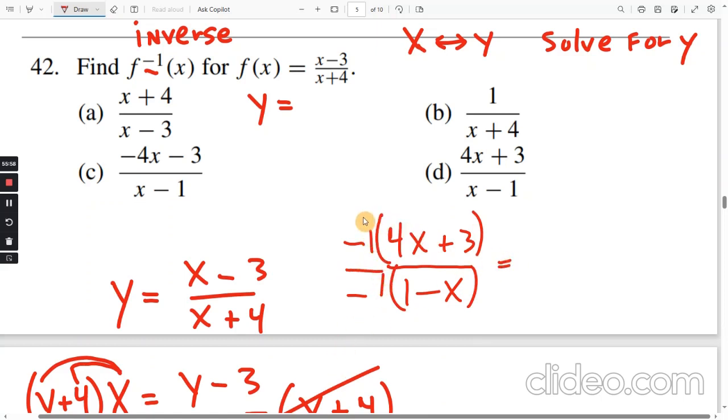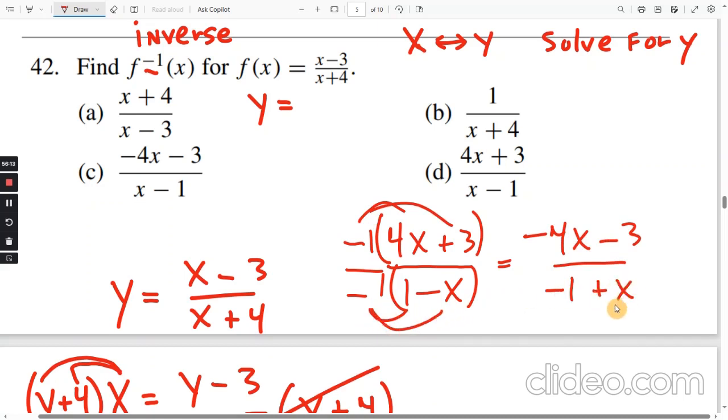So if we distribute that negative, that's negative 4x minus 3. On the bottom, negative 1 times positive 1 is negative 1. Negative 1 times x is positive x. So negative 1 plus x, that's the same as x minus 1. Negative 4x minus 3 over x minus 1. That's answer C.